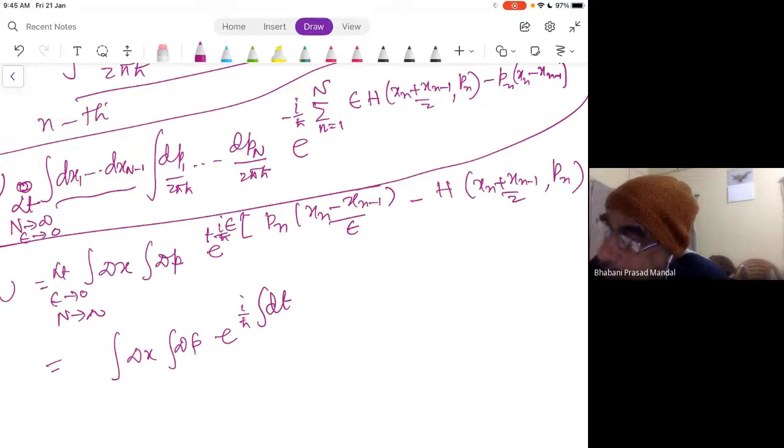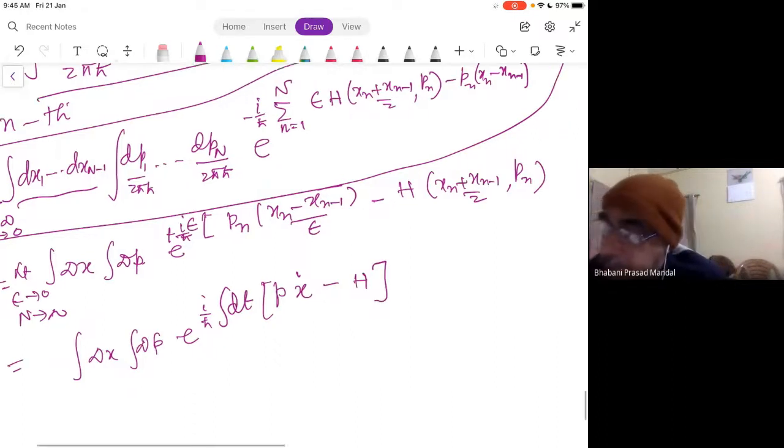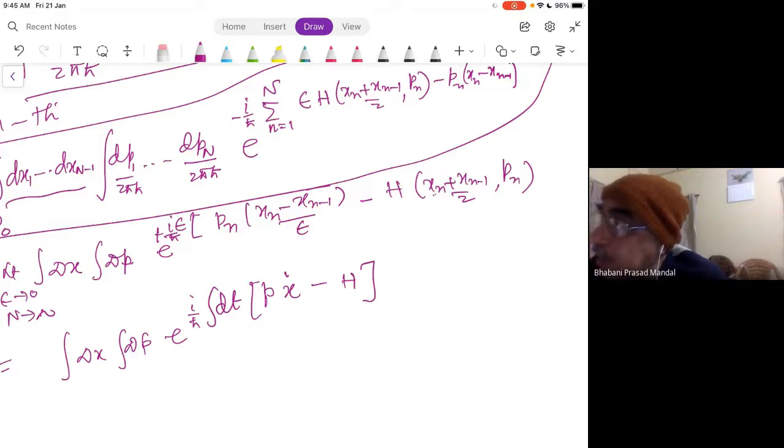This epsilon is like a dt, and epsilon is dt, then it can be written as p times x dot, the time derivative of this, in the limit epsilon going to 0, this is the derivative xn minus xn minus 1, so p x dot minus H. And when epsilon goes to 0, xn and xn minus 1 will be the same, right? They differ by only epsilon time, so they will be the same and again.